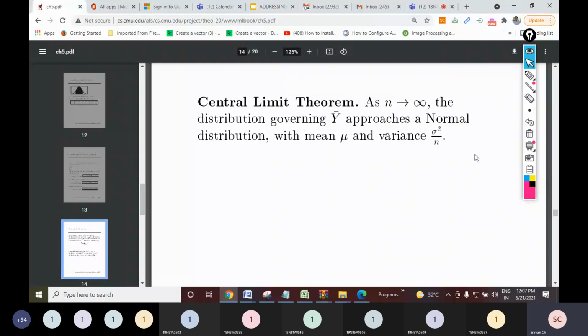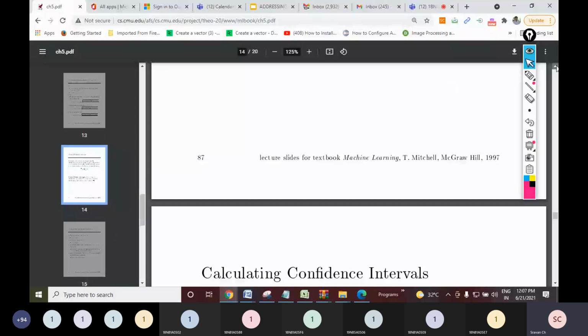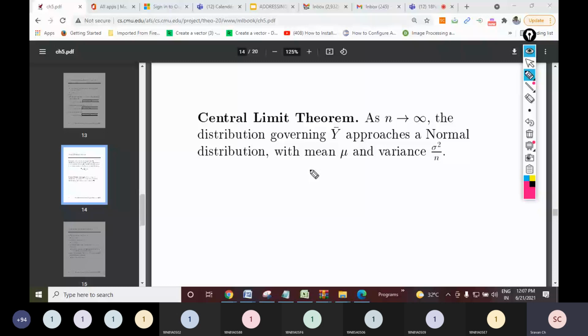So central limit theorem says, as n approaches infinity, the distribution governing this y dash, the mean, will approach a normal distribution with mean mu and variance sigma square by n. It should look like a normal distribution.